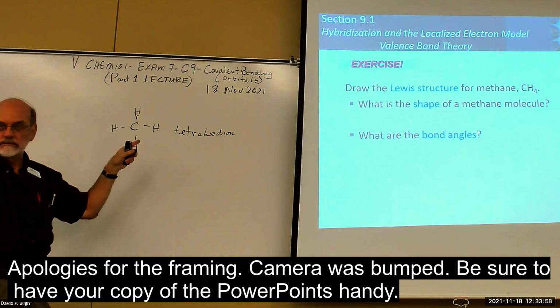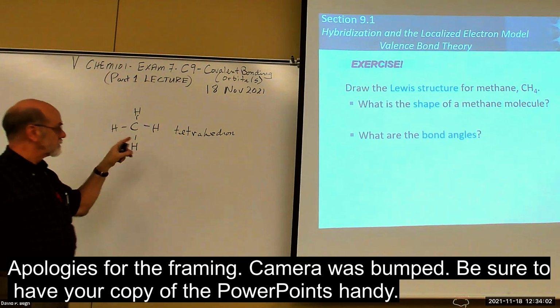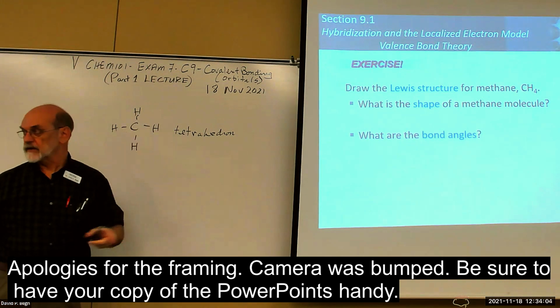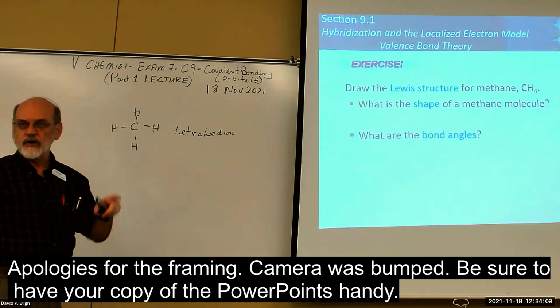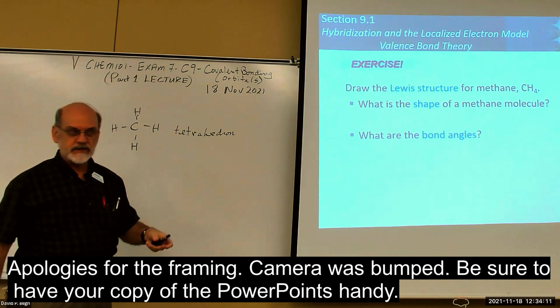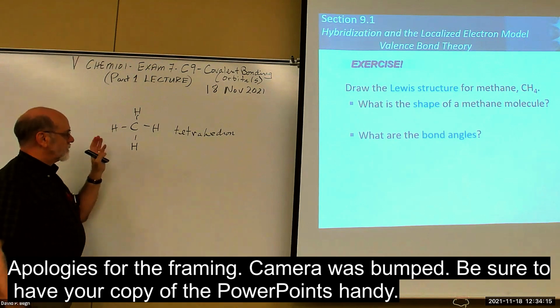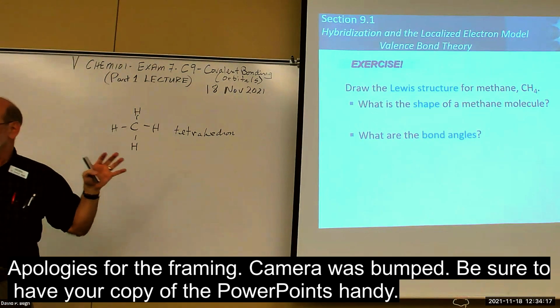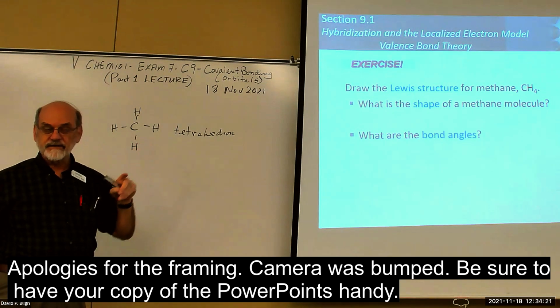And that's true. The physical evidence, laboratory experiments, confirm this shape for that molecule. All the bonds are exactly equal. They're positioned as far apart from each other as possible, which is the tetrahedron. But that's a practical application that we cannot explain with the valence bond theory.